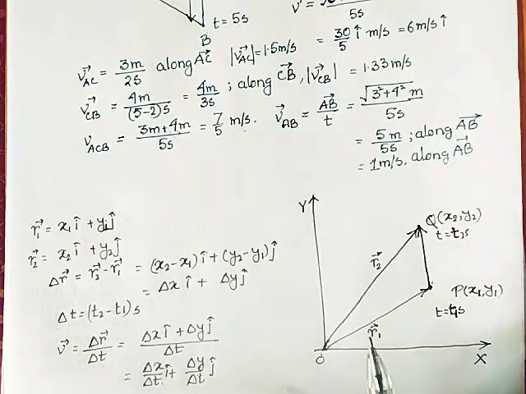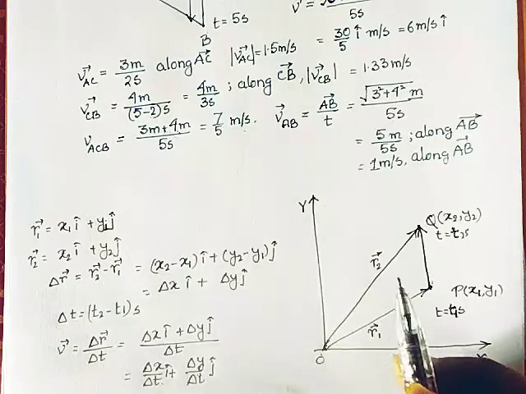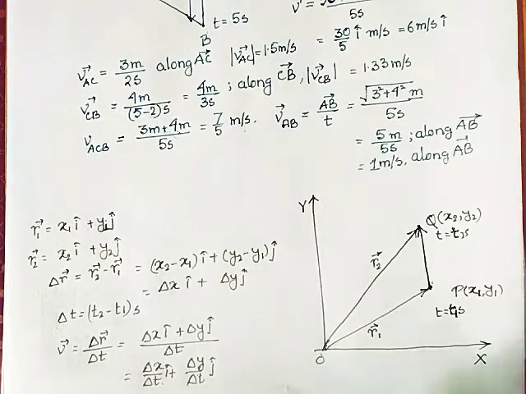But if I want to take the data, that is the position of the particle, how the velocity changes, how the position changes with respect to each instant, then we have to make this del t infinitesimally small, tending to zero, so that we can take the data at any instant.